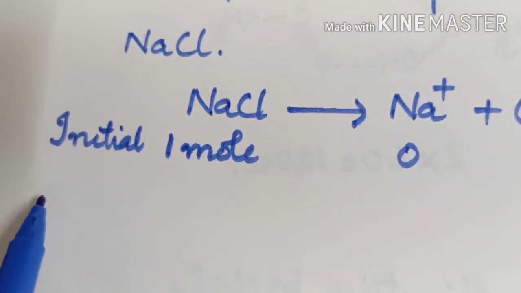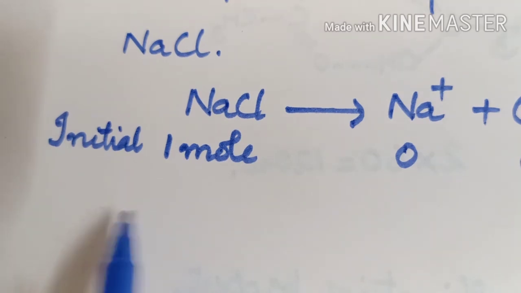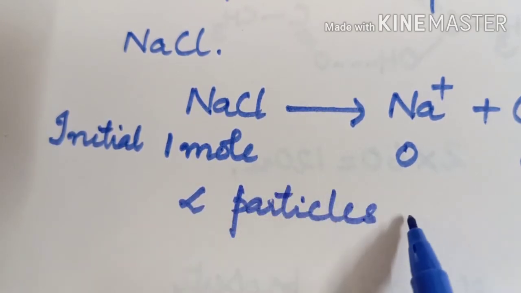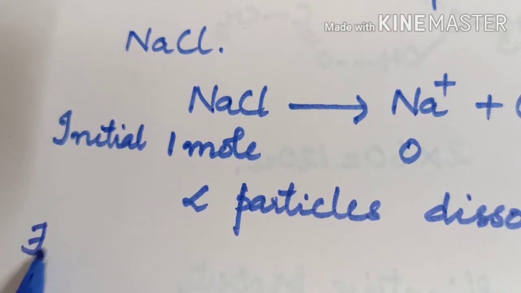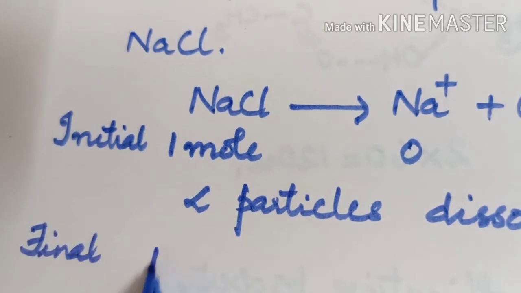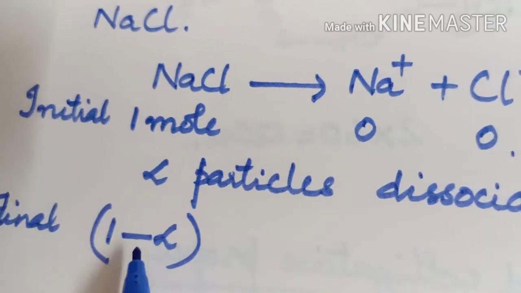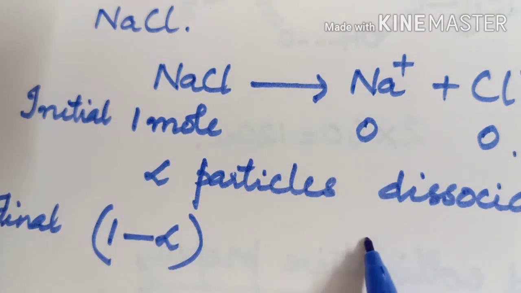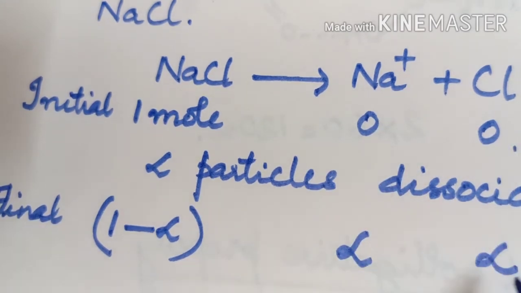After a time t at equilibrium concentration, if alpha particles dissociate, you find that 1 minus alpha remains undissociated, and if alpha particles have undergone dissociation, it has converted to alpha particles of sodium ions and alpha particles of chloride ions.